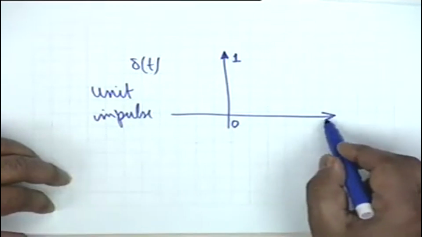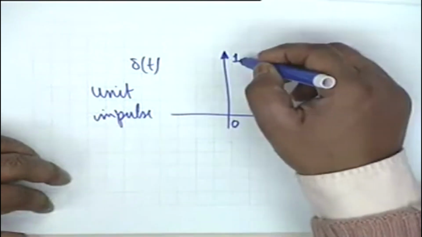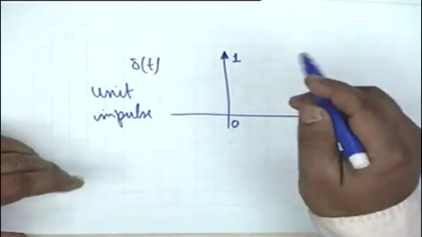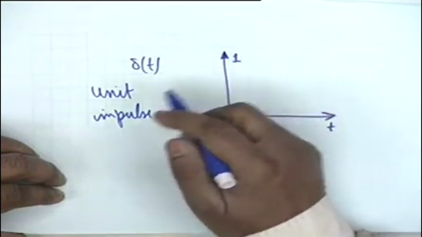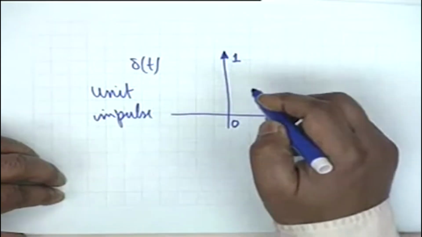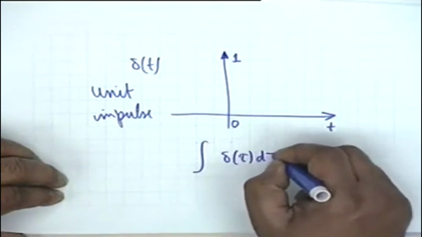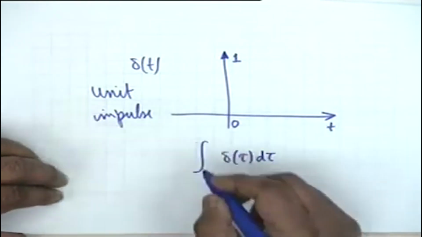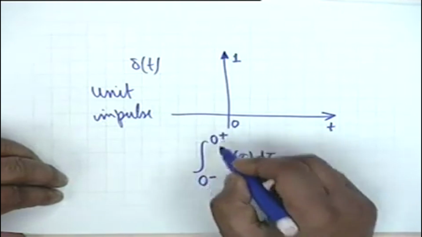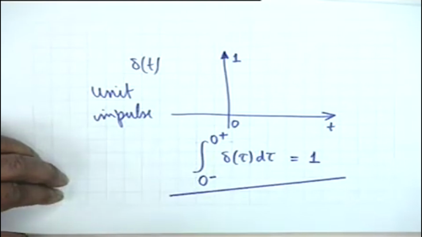Let us represent the axis by means of an open arrow whose back is open. Here the back is closed. The area under the pulse, whose limiting case is the impulse, is written by the side of the arrow. This simply means that the integral of delta tau d tau, it exists only at t equal to 0, and therefore we go from 0 minus to 0 plus is equal to 1. This is what it is.